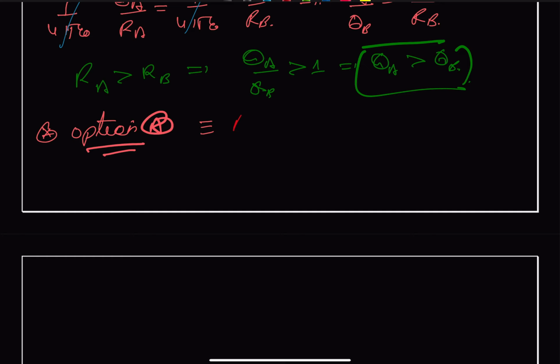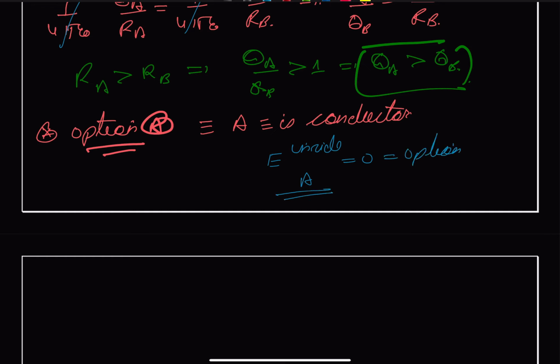A is a conductor, therefore the electric field inside A will be equal to 0.